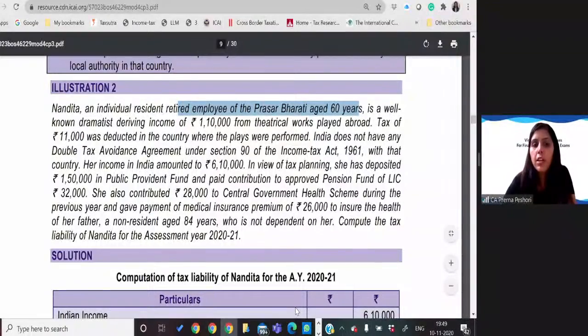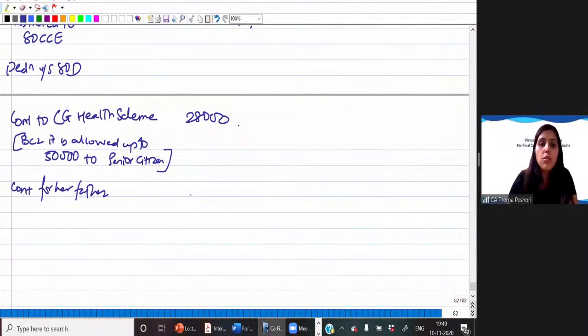So even for her father, will 50,000 be allowed? The answer is no, because her father, though a senior citizen, is a non-resident. So this higher amount of 50,000 is allowed only in the case of a resident senior citizen. Her father will only be allowed 25,000 and not the entire amount of 26,000.